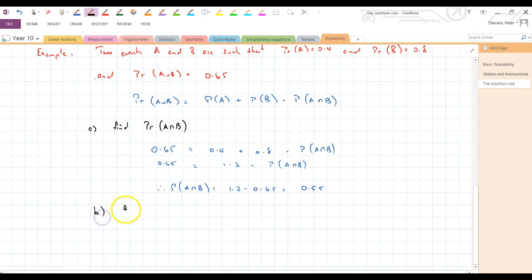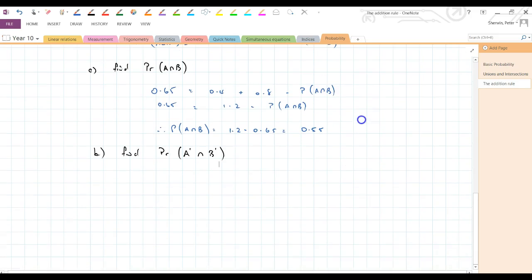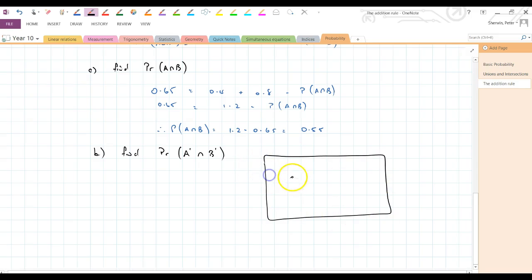Then for B, we're asked to find the probability of A complement intersection B complement. Now this is an interesting one. If we have a look at the Venn diagram situation here of A and B, A complement is everything outside A, B complement is everything outside B, so this will be equal to everything outside here.